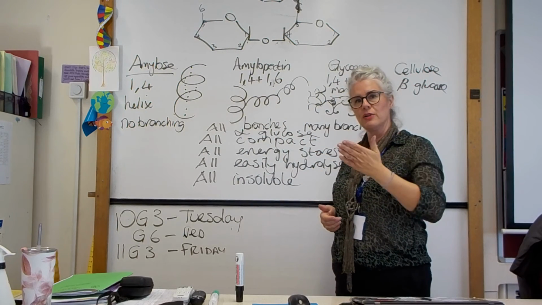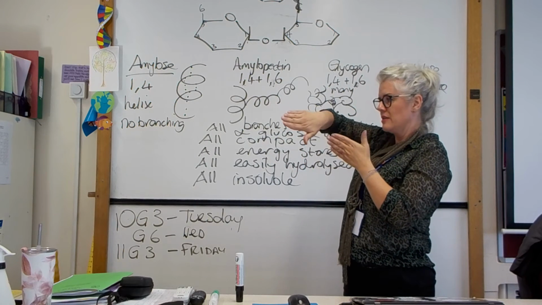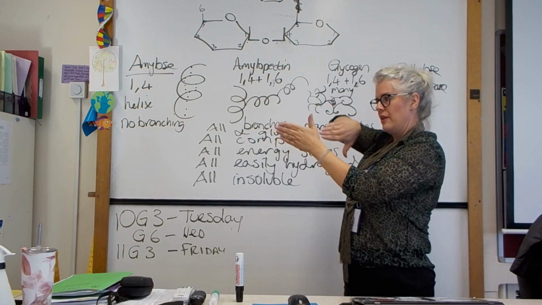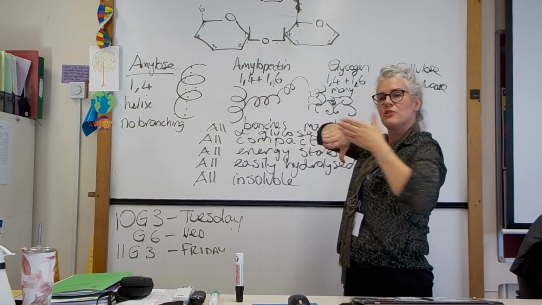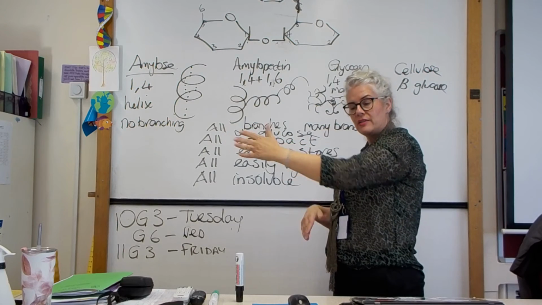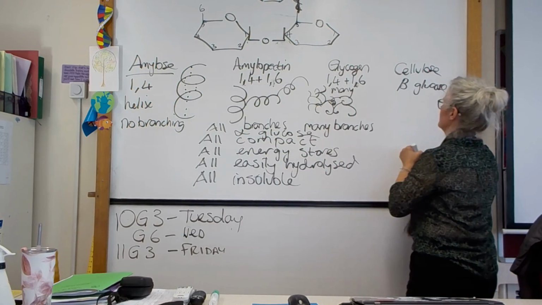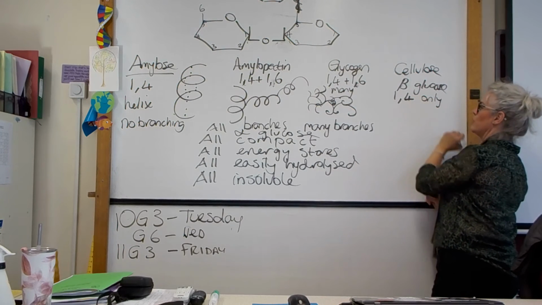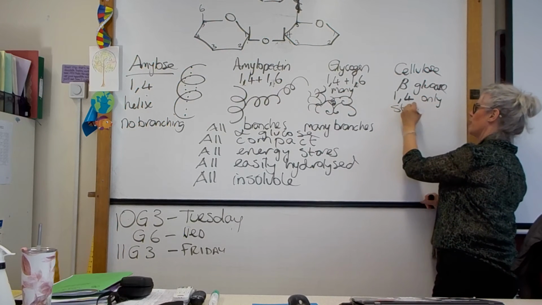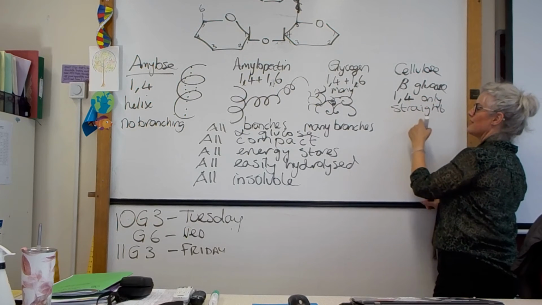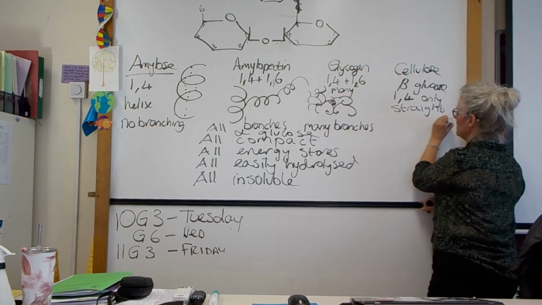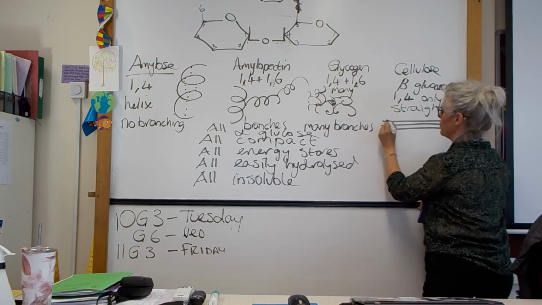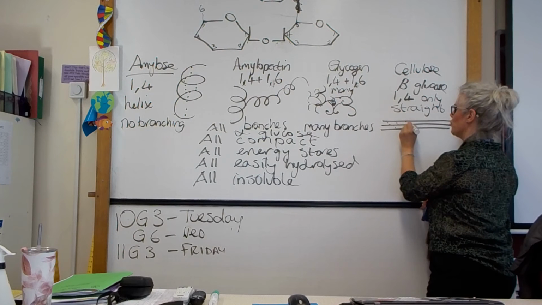With beta glucose, every second glucose is upside down. So then you get the next one, and then the next one, and then the next one. So it can form nice straight lines. So it is still all 1,4 only, no 1,6, straight, no branches, but it's not a helix either, it is straight. You get these nice straight lines of cellulose, and you get hydrogen bonding between them.